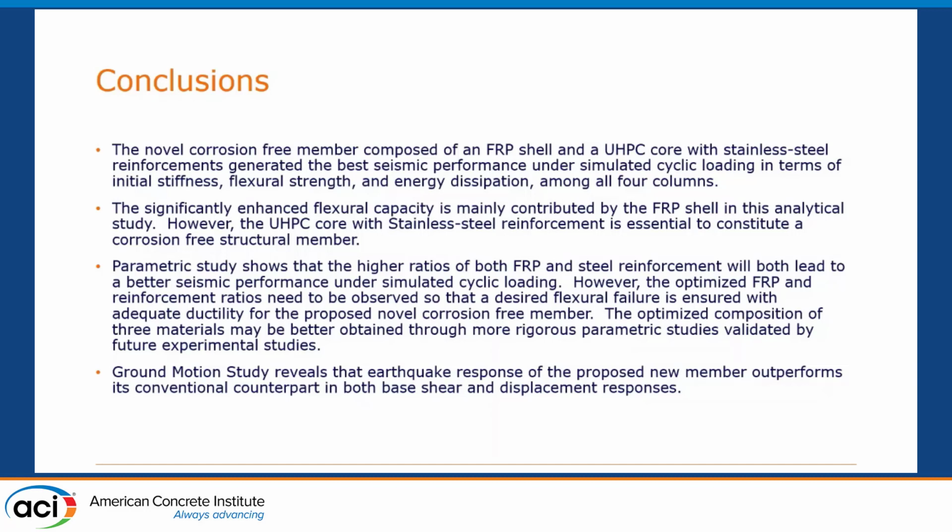The parametric study shows that both FRP and steel reinforcement will give a significant increase, but you still need to optimize the whole system using more rigorous analysis, parametric studies, and also experimental results. The ground motion study finally reveals that the whole system was also superior in the earthquake ground motion time history analysis. Thank you.